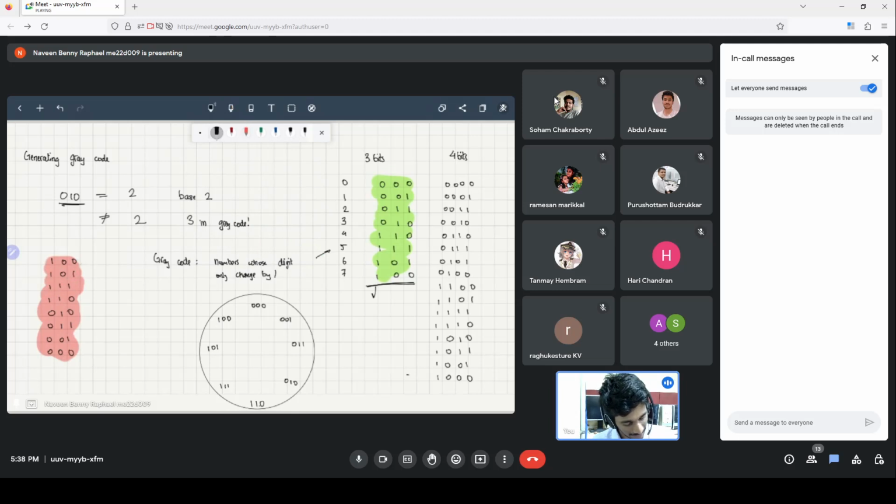In the first case, the first bit is changing. Second case, the second bit is changing. Third case, the first bit is again changing. Fourth case, the third bit is changing, and so on.